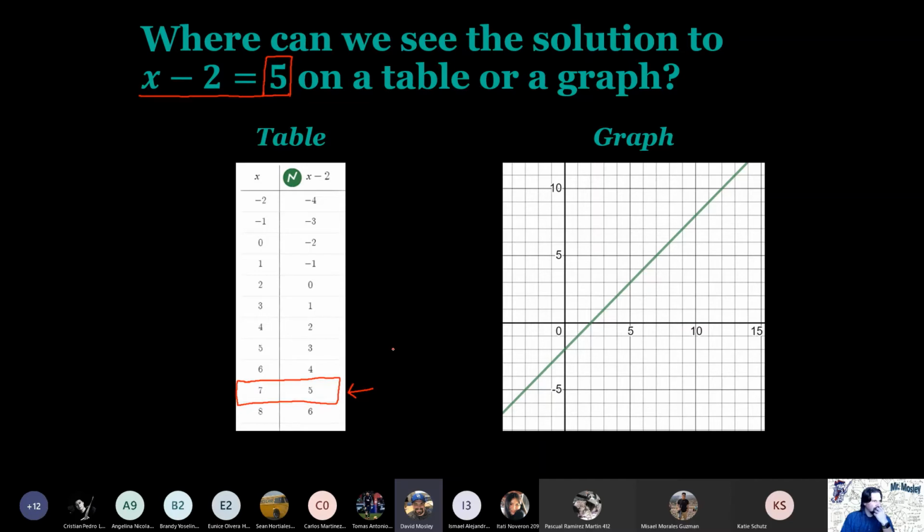Okay. On the graph, again, I need a y value of 5. So I'm going to look at the y-axis, find 5, trace that over till I hit the line.